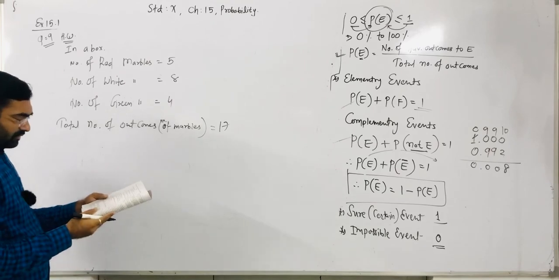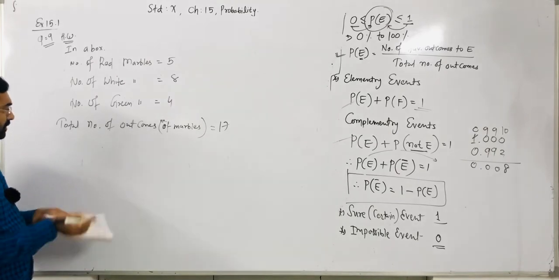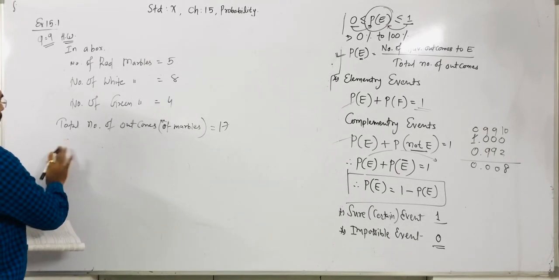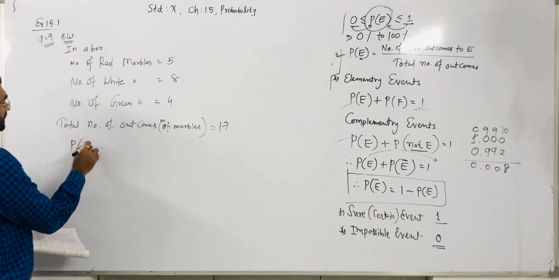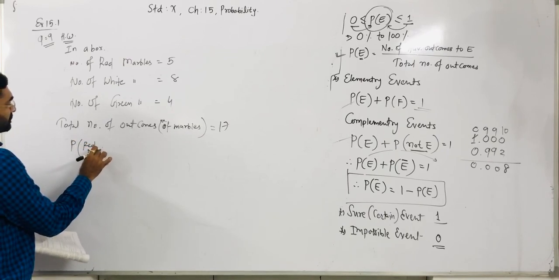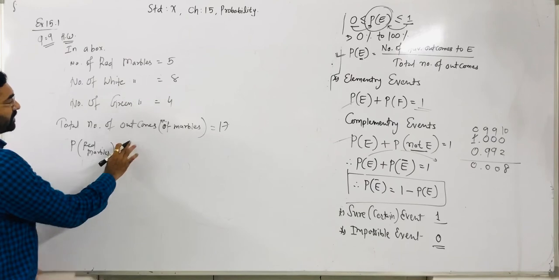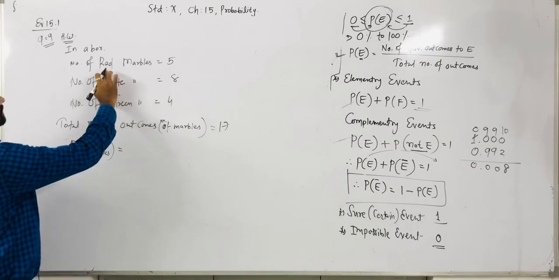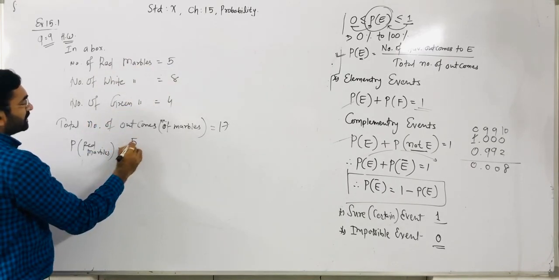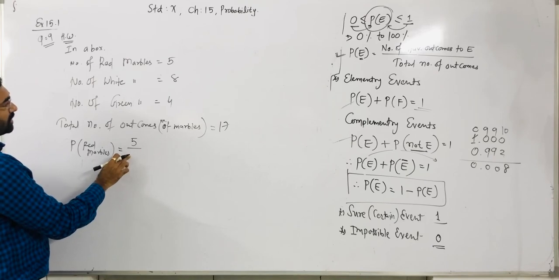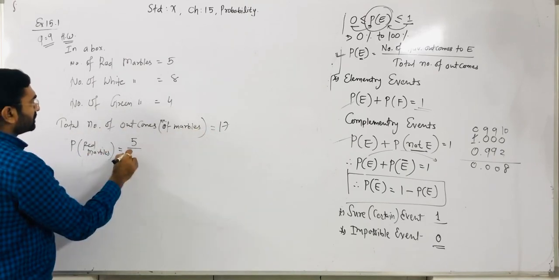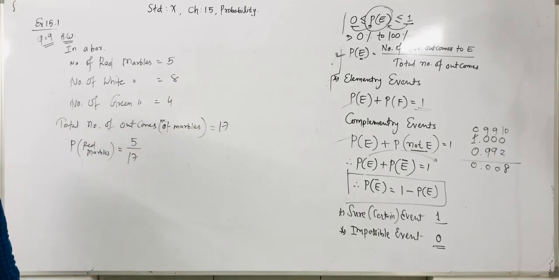So they ask to find the probability of getting a red marble. In the numerator we have to write the favorable outcomes. How many favorable red marbles are there? 5. Divided by the denominator, the total number of outcomes, which is 17. 5 by 17. Okay.